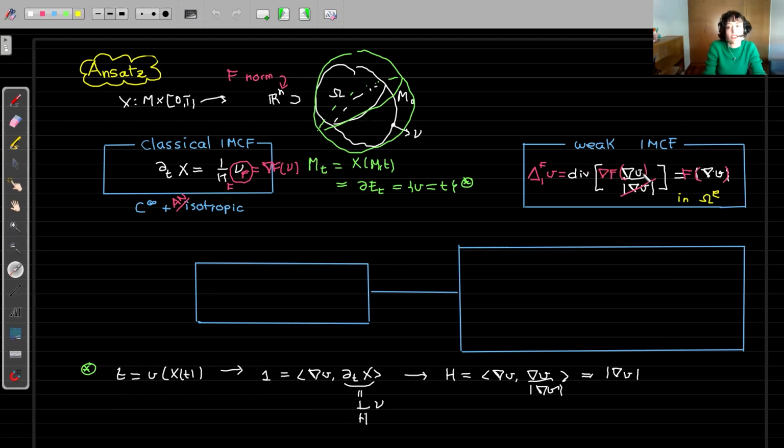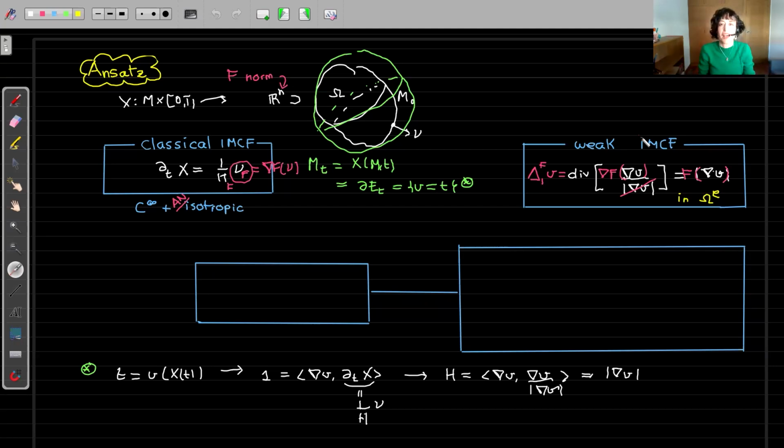And also, if your function is of bounded variation, it makes no sense at all to write the gradient of B. So somehow we depart from a point where we don't even know what the PDE is that governs the inverse mean curvature flow for crystals. And that's what we will have to give sense to. And that's what I'm going to explain later on.